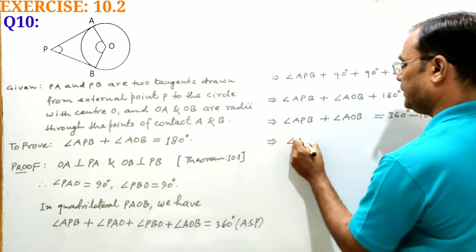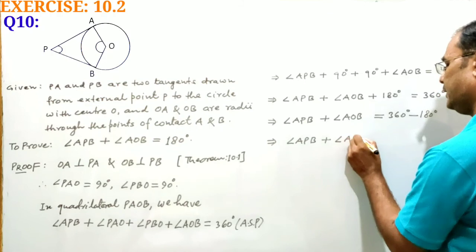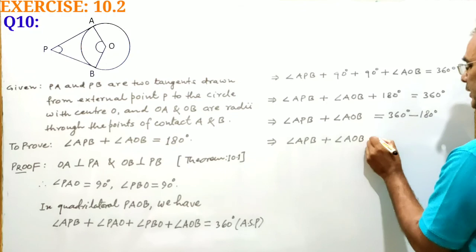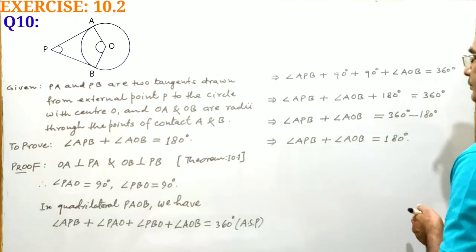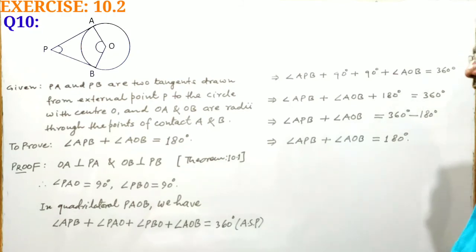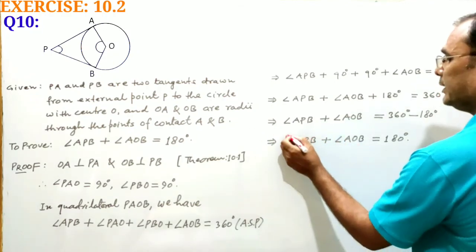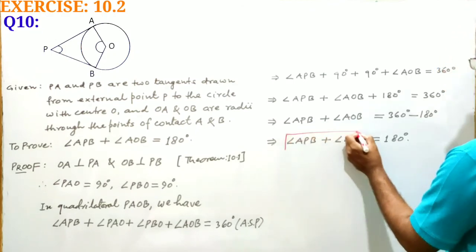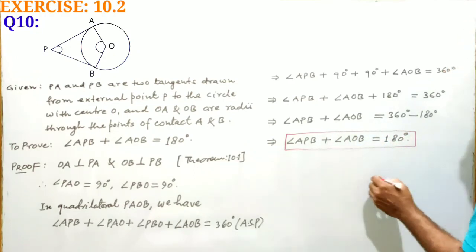So angle APB plus angle AOB is equal to 180 degrees, and this is the required result that we had to prove in this question. Angle APB plus angle AOB equal to 180 degrees, and we have proved it. So hence proved.